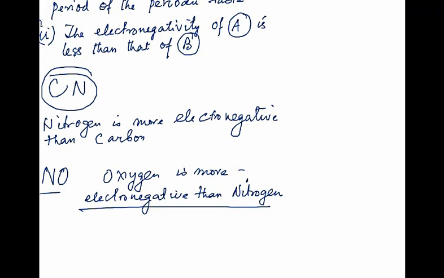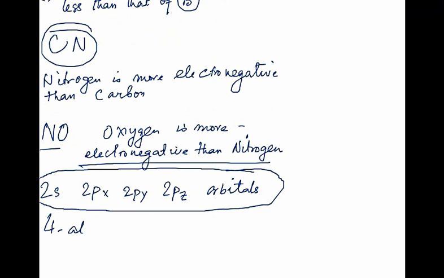So since both of the atoms constituting the heteroatomic molecules like CN, NO, etc., belong to the second period, each atom contains 2s, 2px, 2py and 2pz. So we can say there are 4 atomic orbitals in its valence shell.